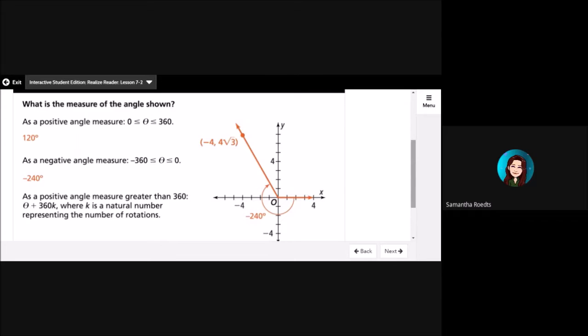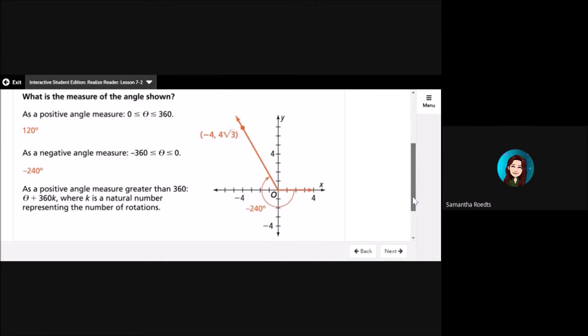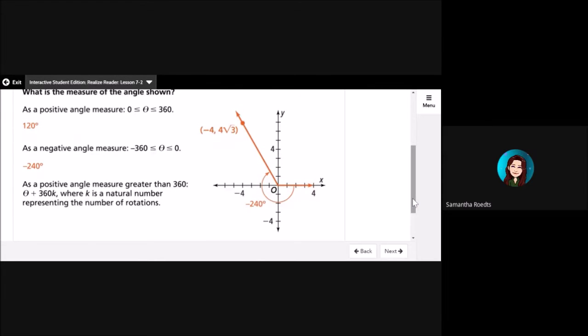Lastly, the angle can be written as a positive angle measure greater than 360: theta plus 360 times k, where k is a natural number representing the number of rotations. With one rotation, this angle is 480 degrees. 2 rotations is 840 degrees, and so on.